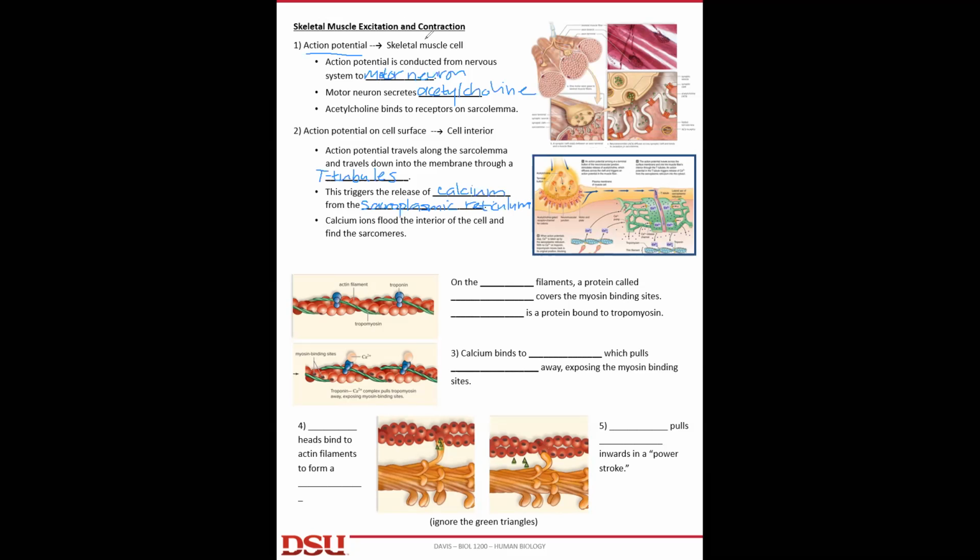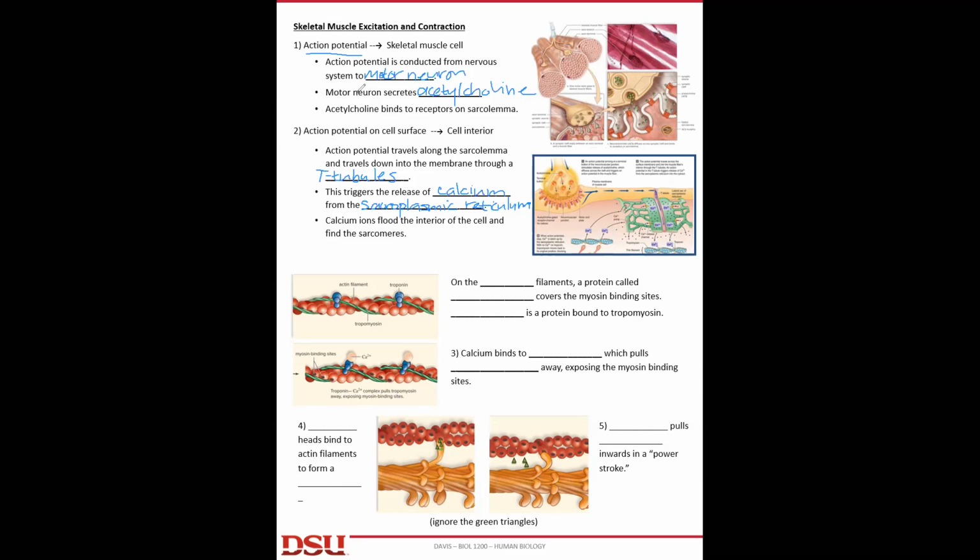Okay, going back up to the top. Do it again. Action potential is conducted from the nervous system to the motor neuron. The motor neuron is going to release acetylcholine, and at the end of the axon terminal, that will stimulate the skeletal muscle by binding to the skeletal muscle membrane called the sarcolemma.